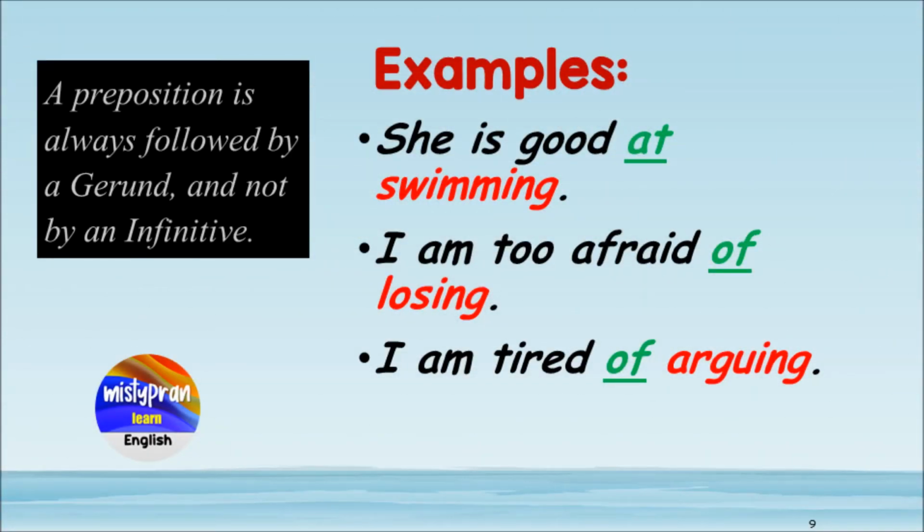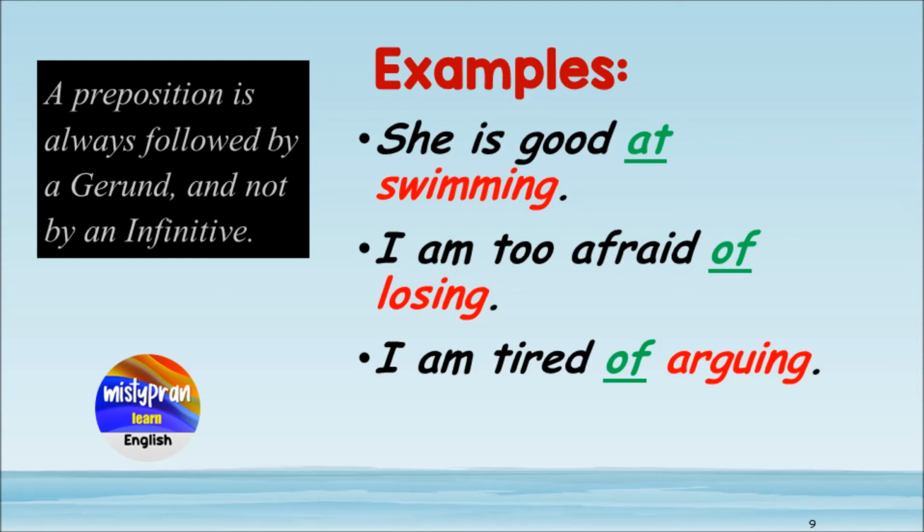First advice. A preposition is always followed by a gerund and not by an infinitive. If you want to use a verb after a preposition, it must be a gerund. Look at the examples. She is good at swimming.